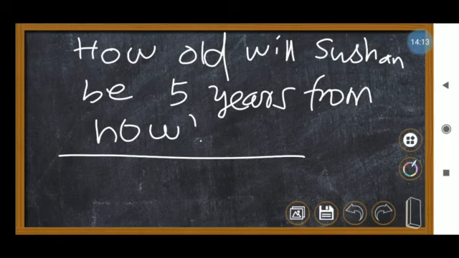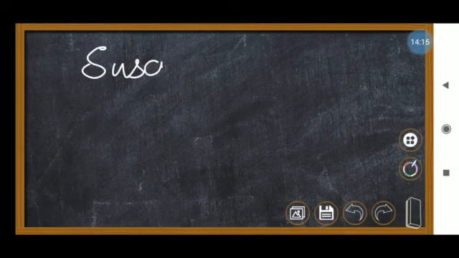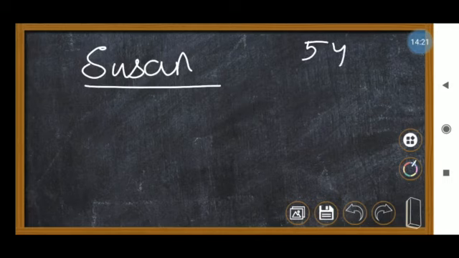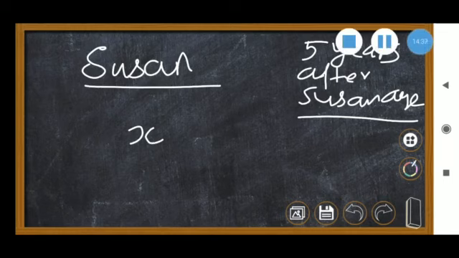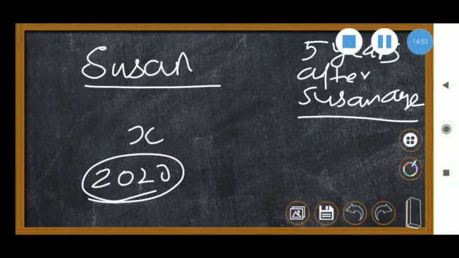Same way here, first one Sushan. Sushan's present age, Sushan's age 5 years after. Okay students, Sushan's age is X years old. If I take 2020, then he will be X years old.